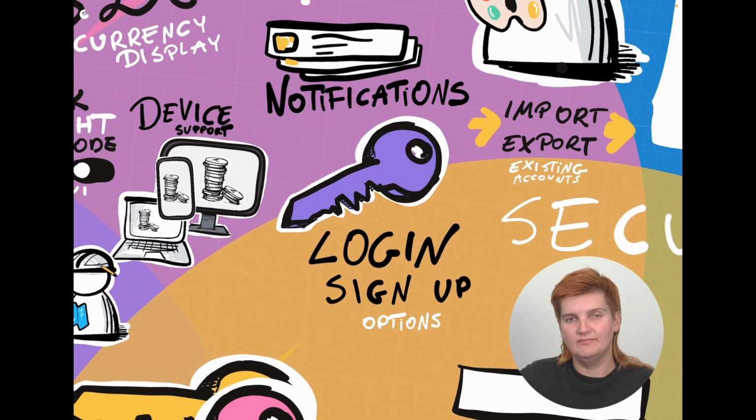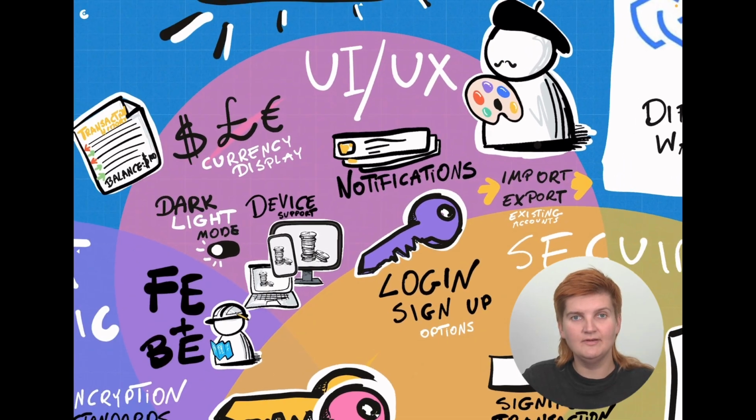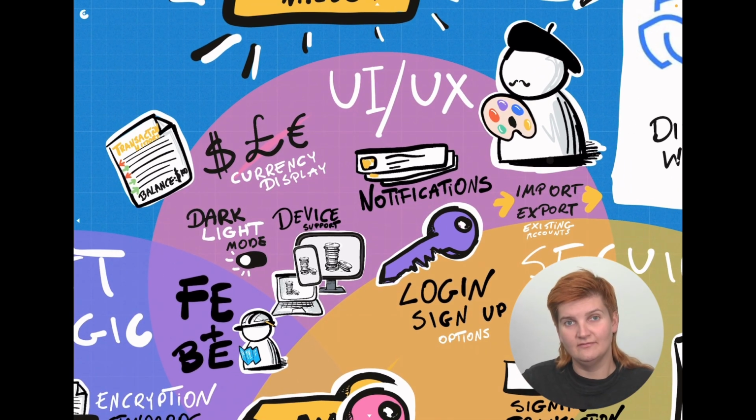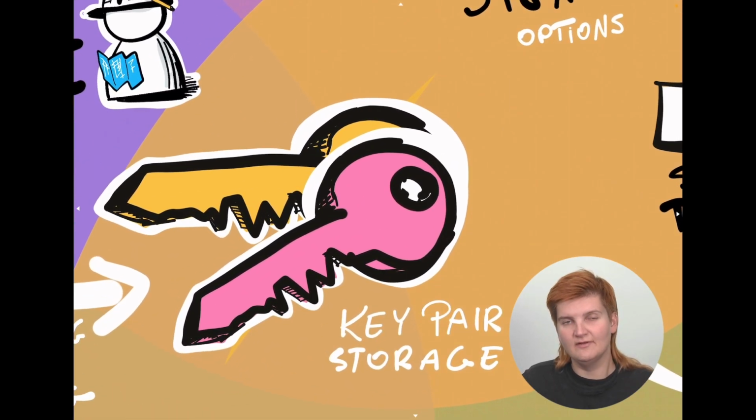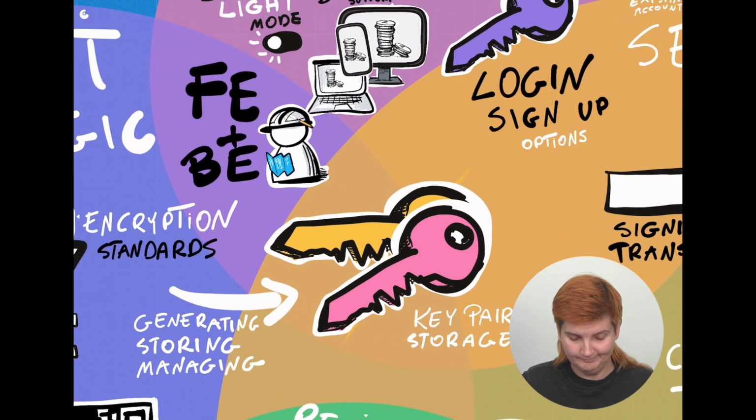So what's next? The user created the account and connected to the dApp. What can be done from there? So obviously we start with the very first account with the generated key pair, and from our perspective as developers, we need to think how to encrypt it, how to securely store it, and how to enable the user to retrieve it in the right moment.